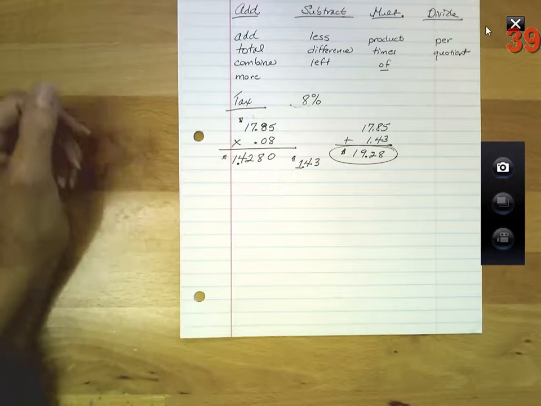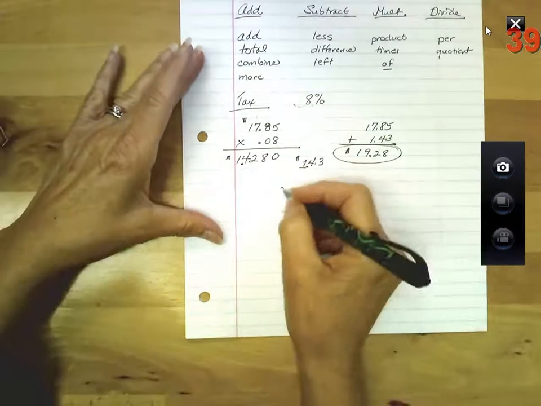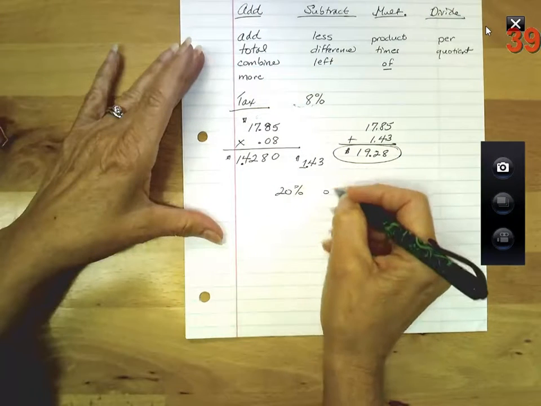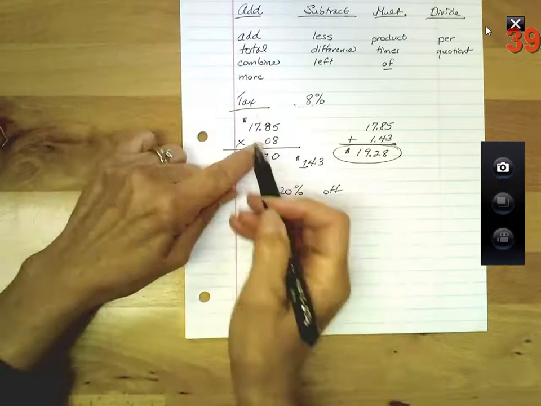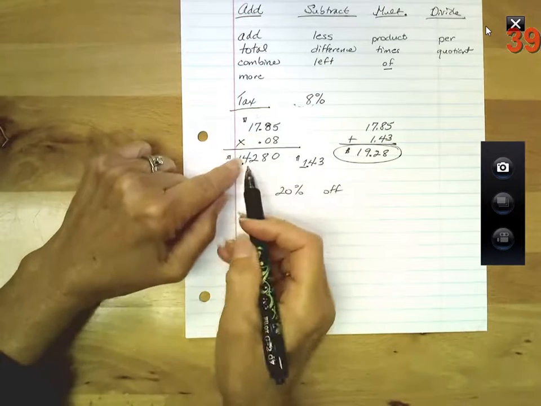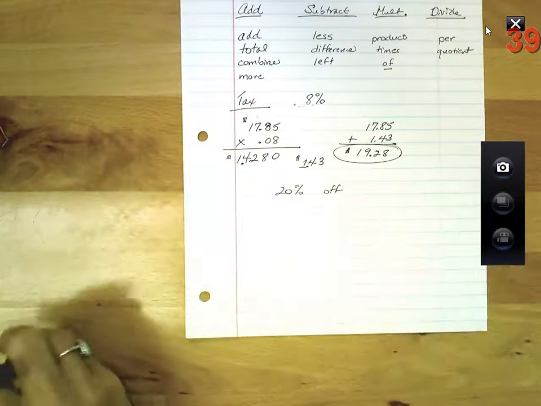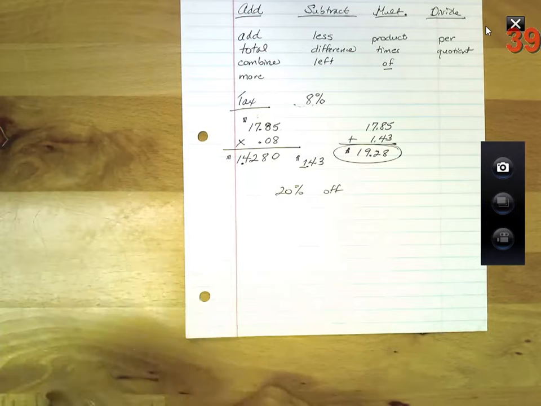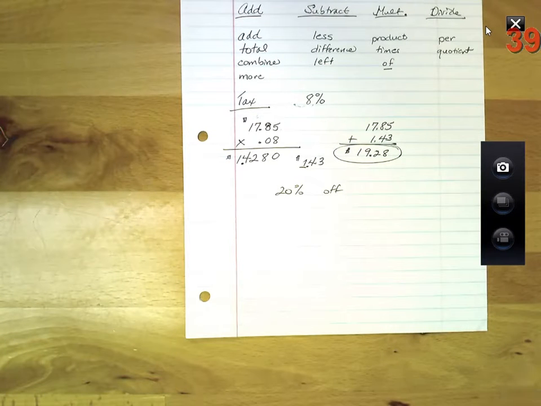Now, suppose something was 20% off. You would take 20% of that, get an answer, and then do your tax. I know you've done all that. Now we're going to work a few practice problems.